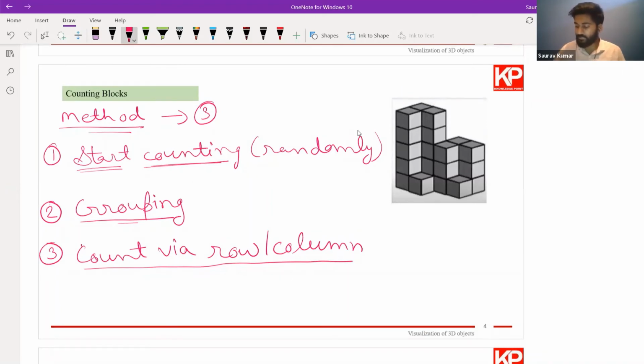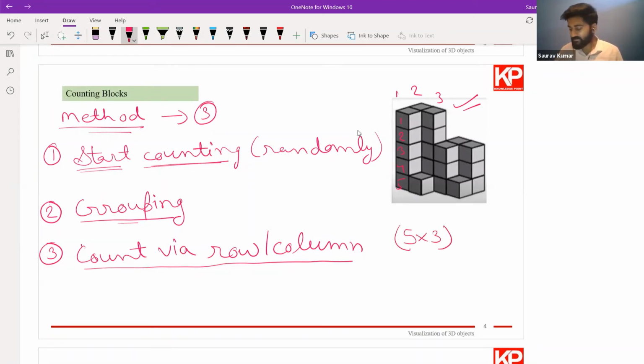So I just mark the columns 1, 2, 3. I first observe the 3D and I look at the columns which are identical. These three are identical, so I have marked them 1, 2, 3. Then I count the number of blocks in each of them. So those are 1, 2, 3, 4, 5. So this way, the number of cubes in first one is 5 multiplied by 3.